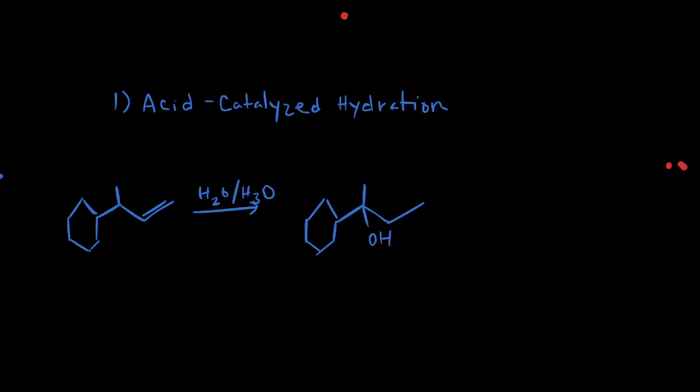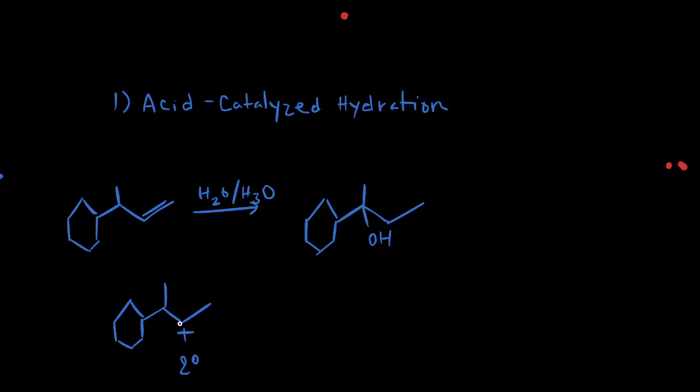So why is a rearrangement occurring? Well, if we look at the intermediate that forms initially, we can see that we form an intermediate that has a secondary carbocation. But if we remember, whenever we're undergoing any sort of rearrangement, especially when we're forming a carbocation, we should always be aware of the adjacent carbons.